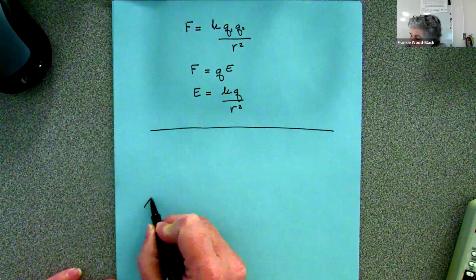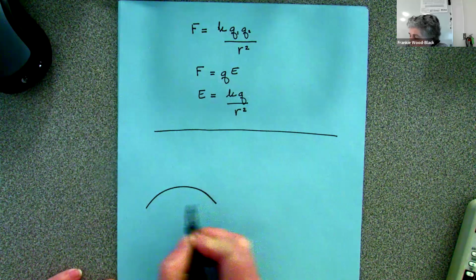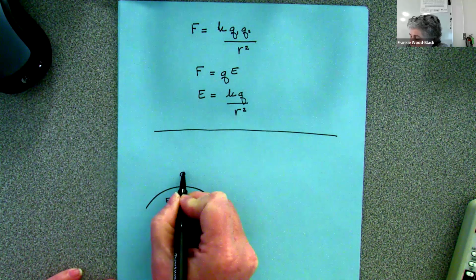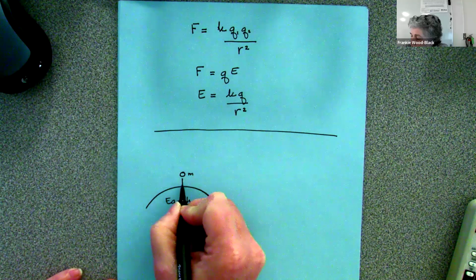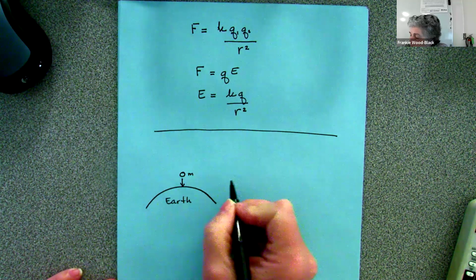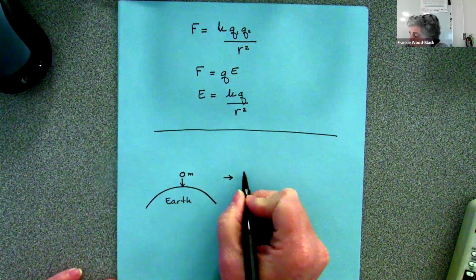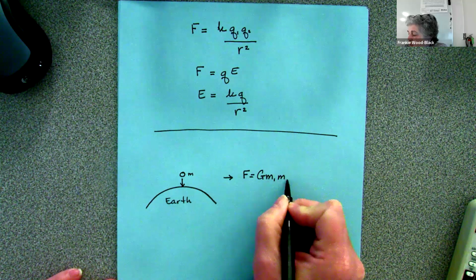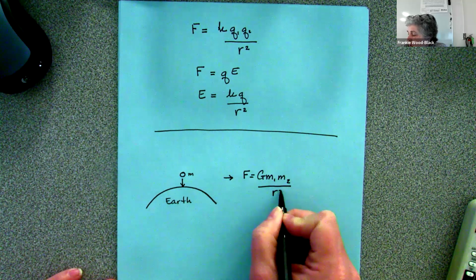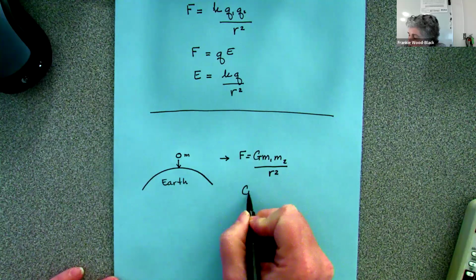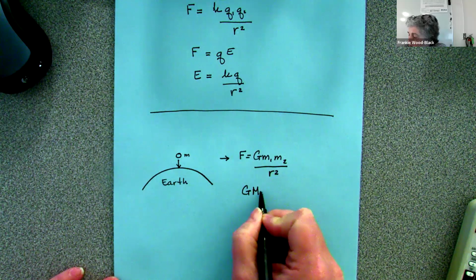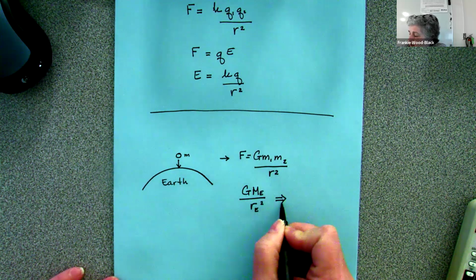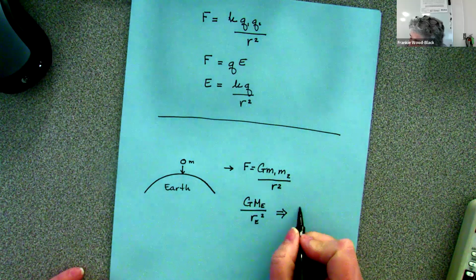So if we looked at the Earth, so I've got the Earth here, and we have a mass out here, and we know that it's attracted to the Earth, that gave us Newton's law of gravitational motion, the universal gravitation, which we saw looked like this, where this was the G, mass of the Earth, radius of the Earth squared, was going to give us our equivalent to our gravitational field.